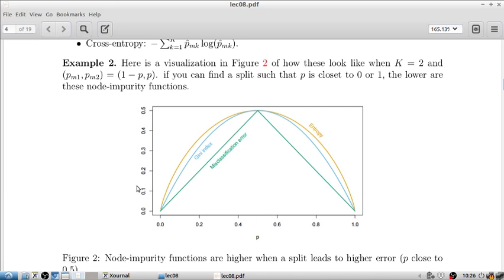And this, on the y-axis, is the score itself, or actually a scaled version of it, I'm not sure, but it's 0.5 there. When p hat m1 is close to 0 or close to 1, you have a very low score, because you know that most of the points in that region are class 2 or class 1.